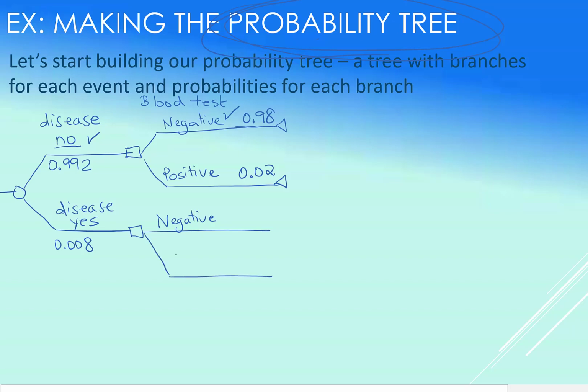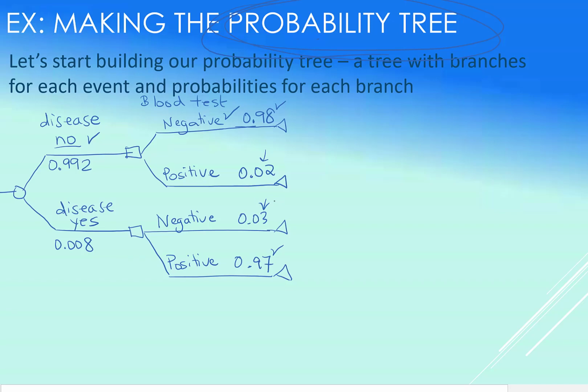We know that the test is correct, and so if they do have the disease, they're going to test positive in 97% of the cases. So that leaves 3% of the time that they're going to test negative. Again, these two probabilities also must add up to 1. We looked at this 0.03 earlier as well. So we were given the 98 and the 97, and we calculated the 2% and the 3% here.